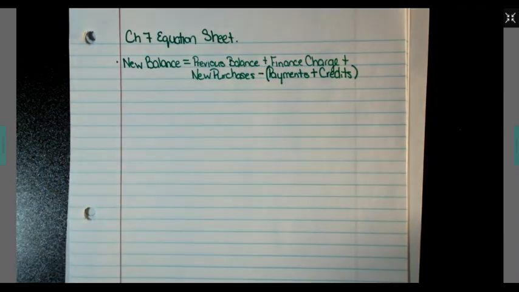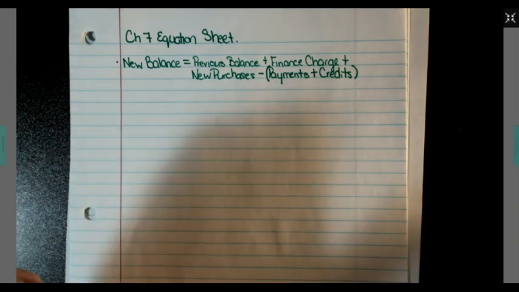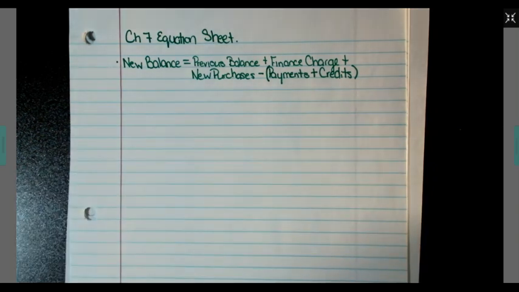So basically what happens is a company gives you a credit card and they give you a limit on how much you could use on this credit card. And basically what you're doing is you're using this card as a promissory that you're going to pay this money back, basically.